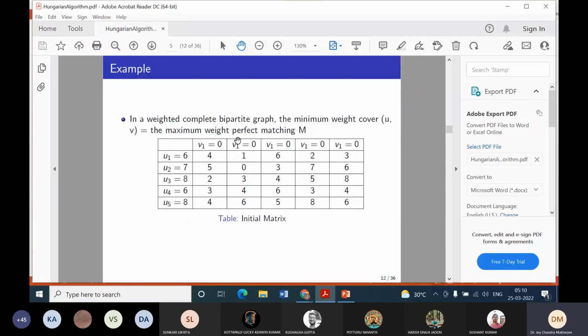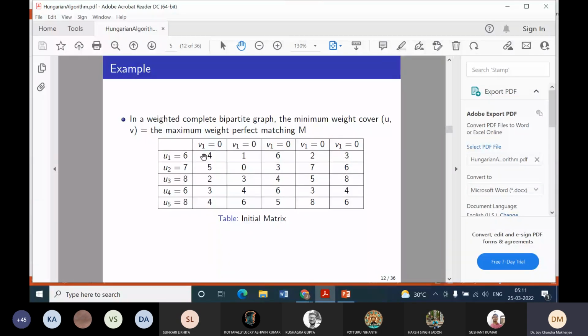Now from here I will create an excess matrix. What is that excess matrix? This is our original matrix that is given as input. Then we run an algorithm to populate the ui values, and the vj's are initialized to 0. Then for each cell of the matrix, we create excess.